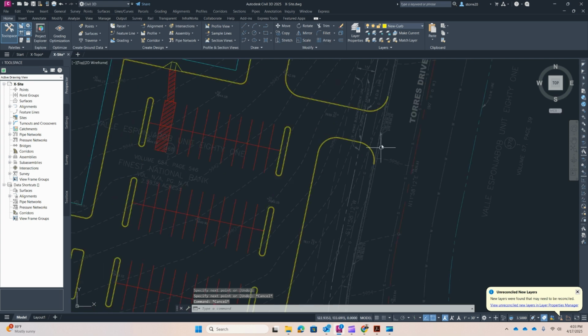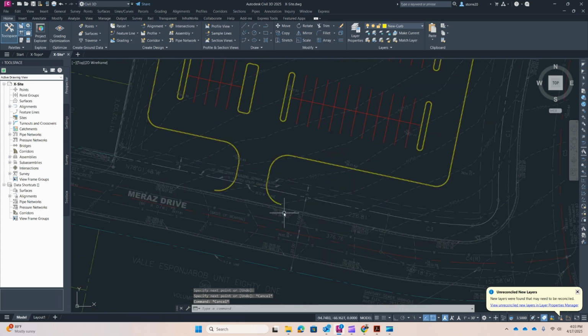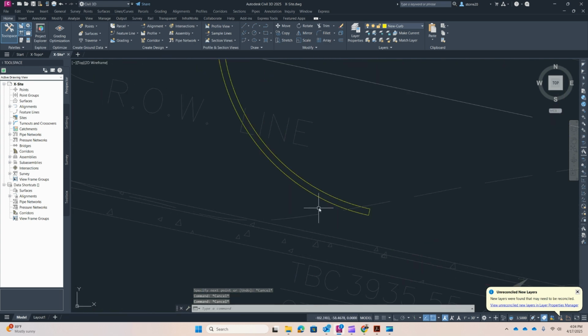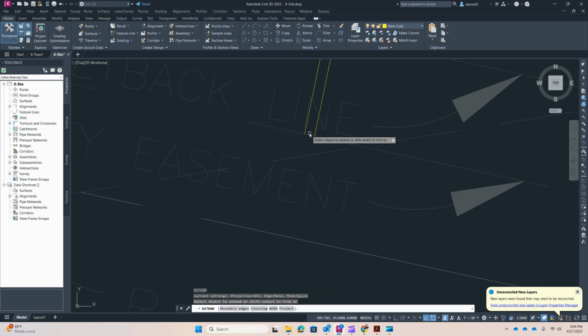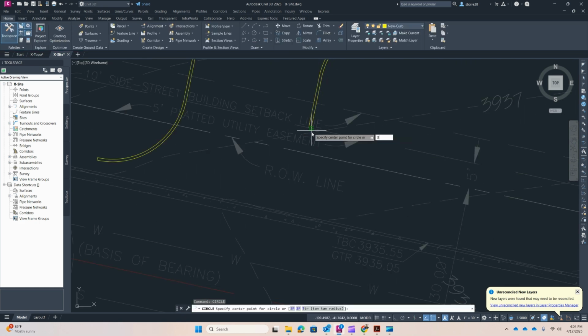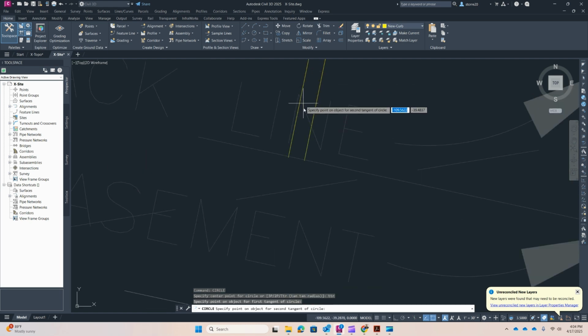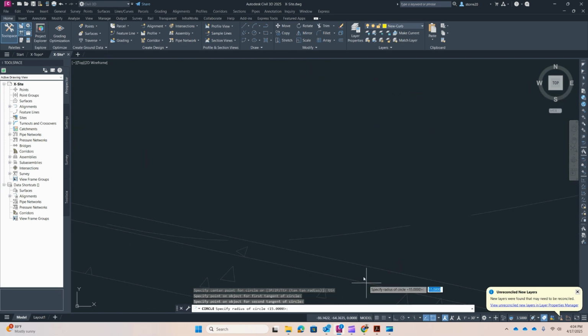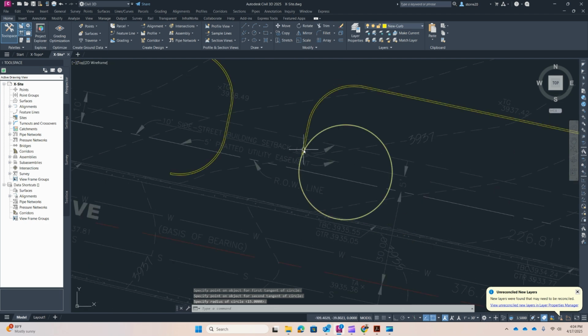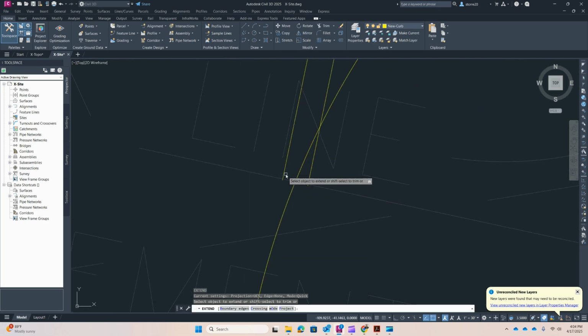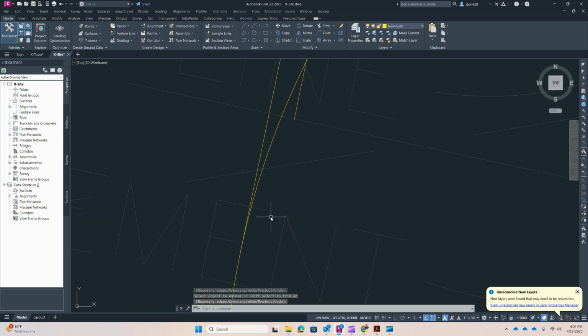Very good. How about the other side over here? Same thing. Okay, so it's not matching. So once again, let's just adjust that. Circle TTR. 15 feet. Extend the new curb. Trim.